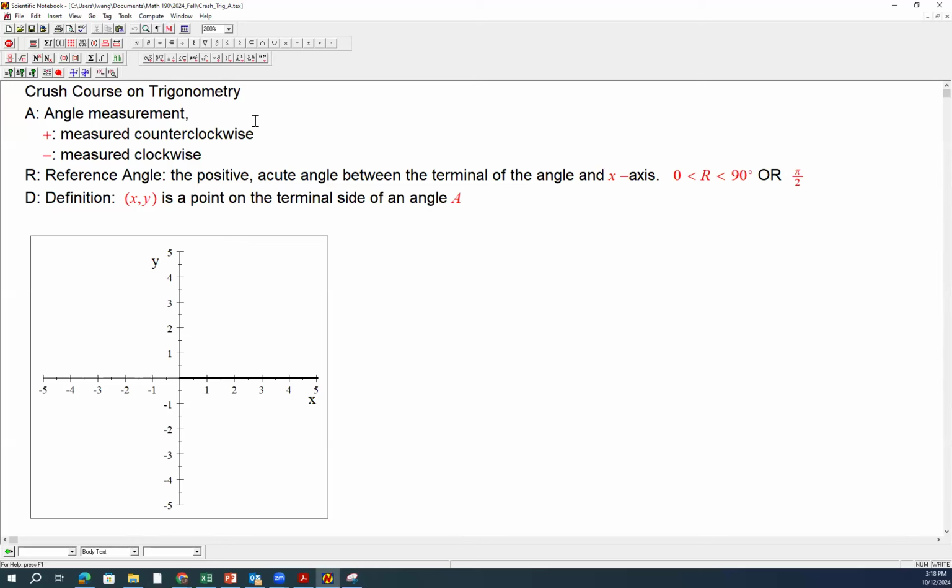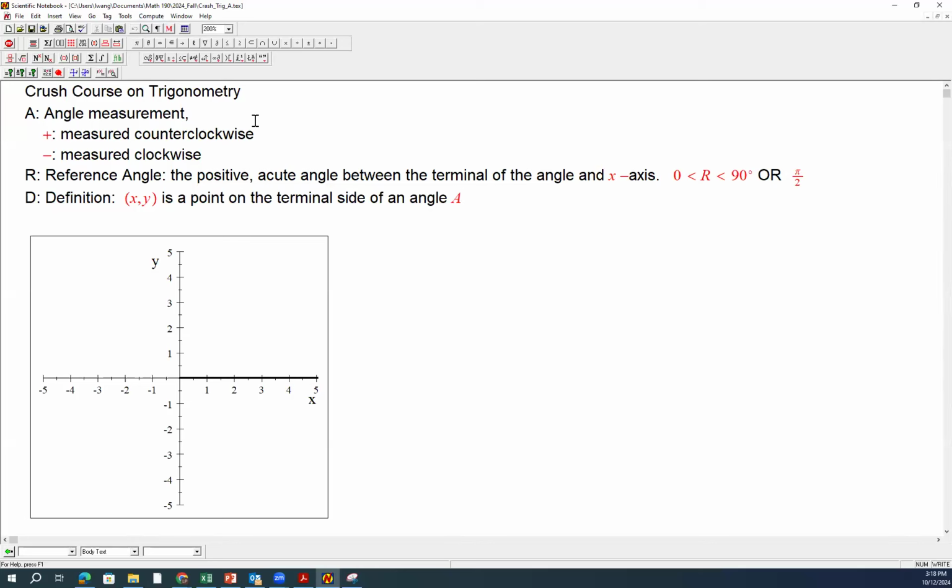So that's going to be r over x. And cotangent would be the reciprocal of tangent, which is going to be x over y.